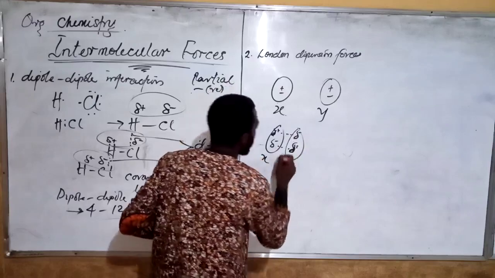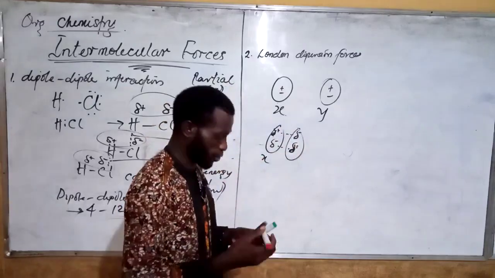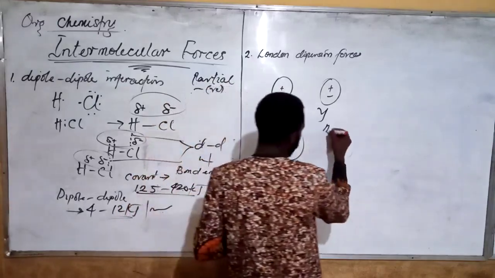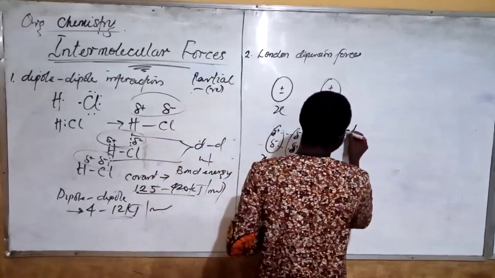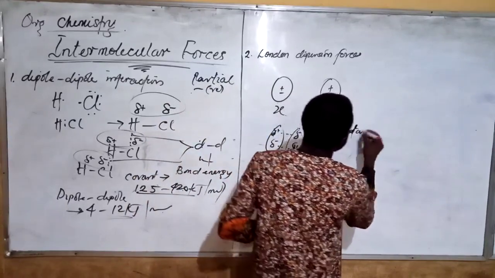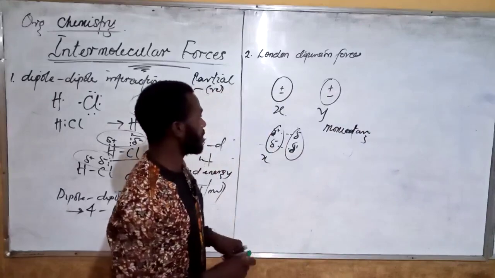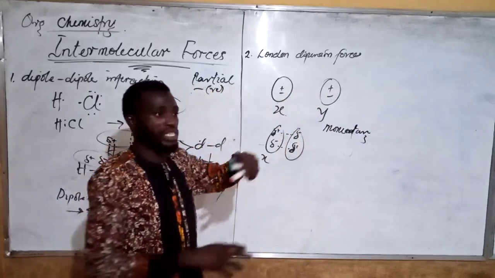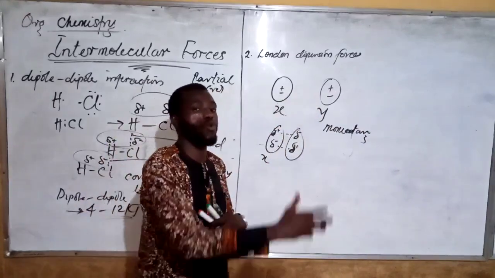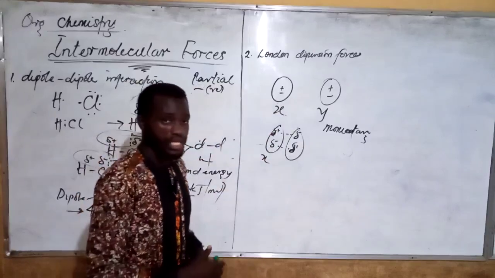And this is what you call London dispersion forces. Now, it is momentary in nature. It doesn't happen all the time. It is momentary because it only happens during moments when there is unequal distribution of electrons within the molecules.